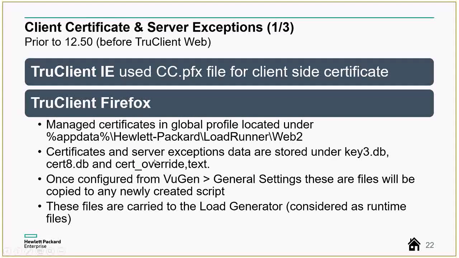Whenever you create a new script in VuGen, we copy these files and make sure that they are part of the newly created script, which means that if you already configured the certificate or a server exception and you create a new script, you will get that.